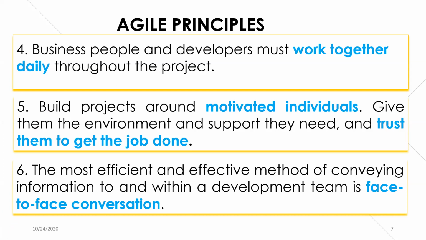When I say motivated individuals, I mean teams that are motivated to do Agile Scrum, to get the job done. Number 6, we value face-to-face conversations. Of course, now in the pandemic, we are remote, but we use our tools, Zoom and so forth, for face-to-face conversations.